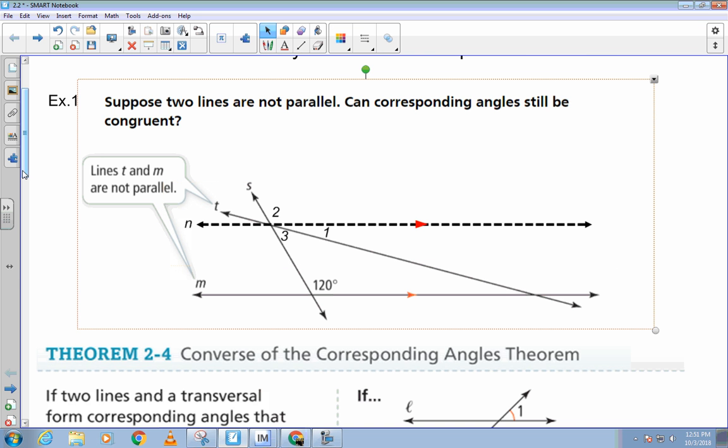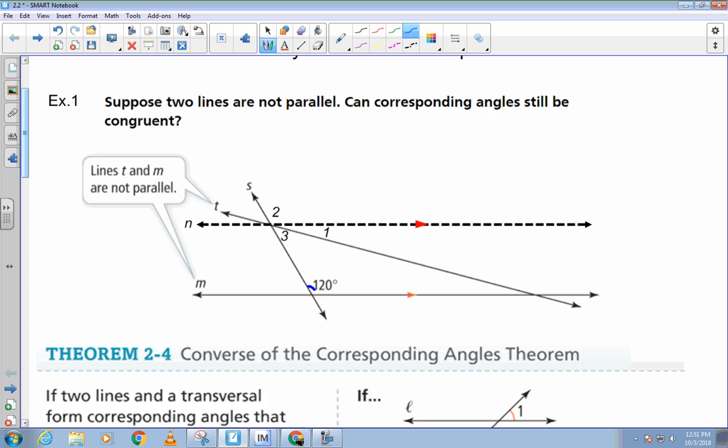Okay, and so if this angle right here is 120, then this angle right here has to be 120, which means this bigger angle here can't be 120, right? And so here is that T, and remember they were not parallel, this was the transversal, and so that couldn't happen, all right?